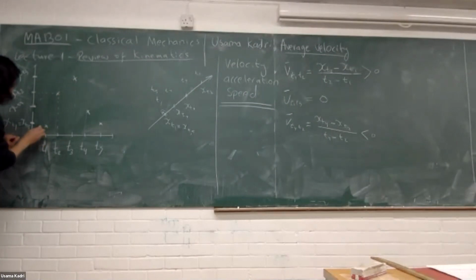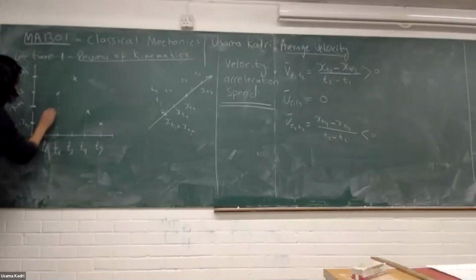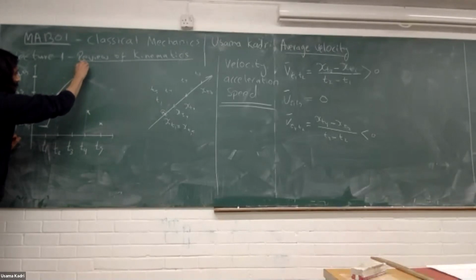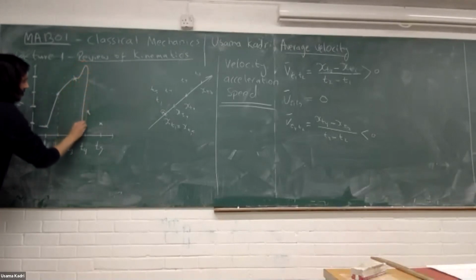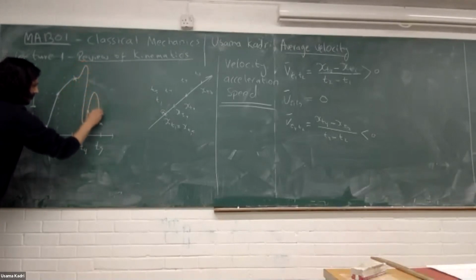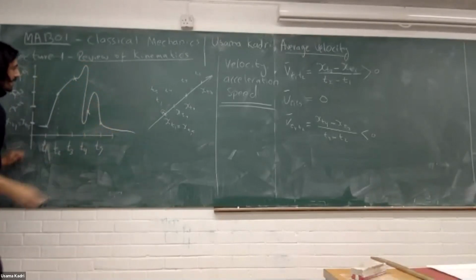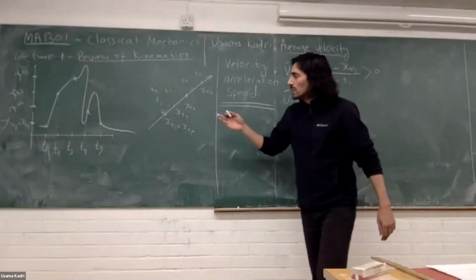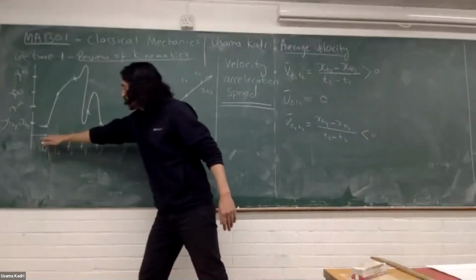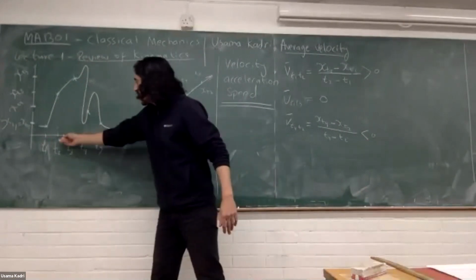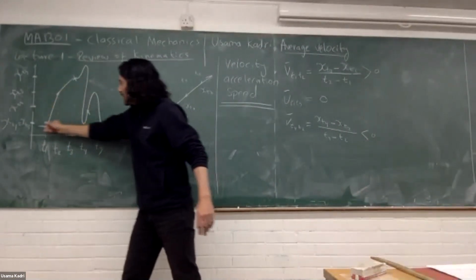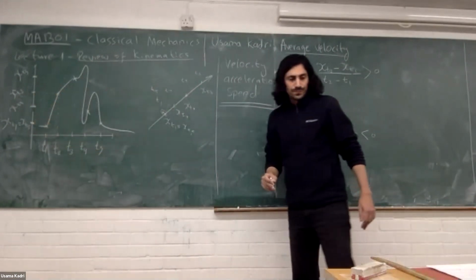So let's assume that the object starts here, goes up, up, and maybe it even goes more up here, and then down here, and then up like that, and then down, and then it went like that. Now you know where the object was at any point in time. If I tell you at this time, you go up here, you tell me it was at this x. If I tell you at this time, you know it's at this point here.